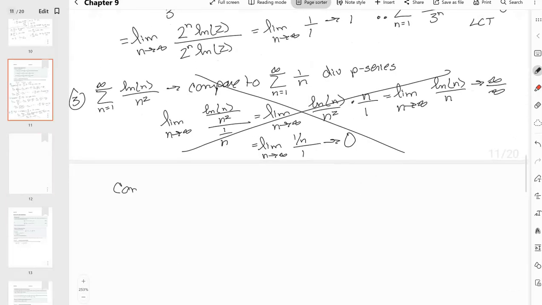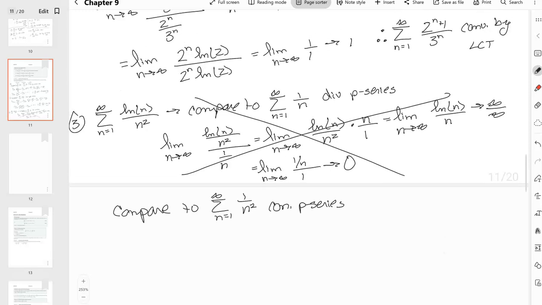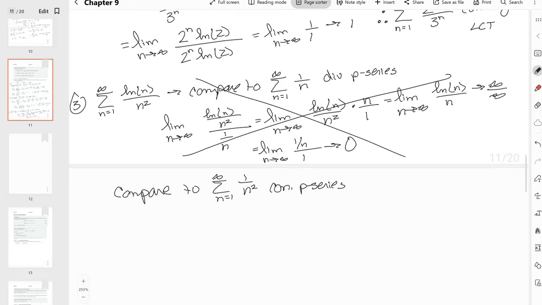So let's try comparing to the sum from n equals 1 to infinity of 1 over n squared, which we know is a convergent p-series. Now, we don't really know what's happening with the original sequence, so you just try something. You see if you compare to something that's divergent, see if it works. If not, because the theorem's not satisfied, try comparing it to a series that converges.